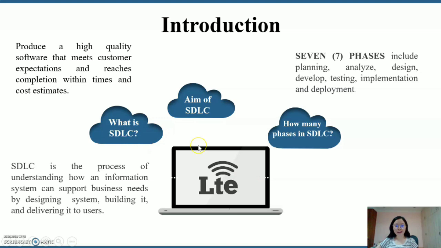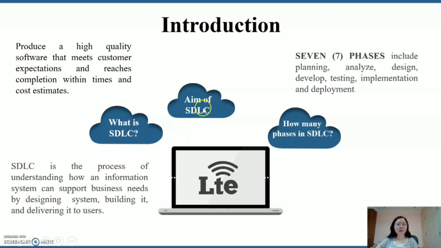So what is SDLC? SDLC is the systematic process through which we can understand how the information system can support the business need by designing the system, building it and delivering it to the user. So the SDLC involves many steps. The developer will ensure that the quality and the correctness of the system built can meet the customer need.